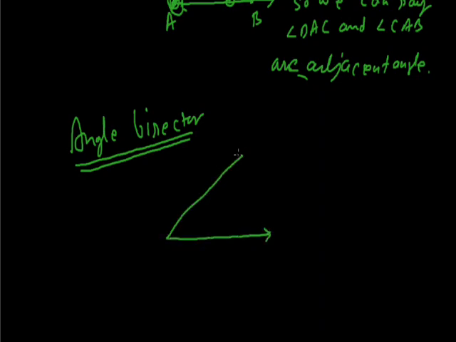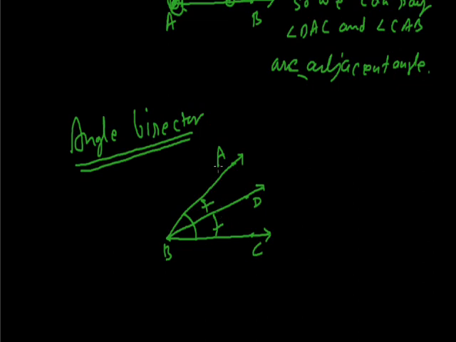Let's say this is an angle, A, B and C. If I bisect this angle ABC, a ray which bisects this angle into two equal halves, let's say this point is D. The ray BD divides this angle ABC into two equal parts.